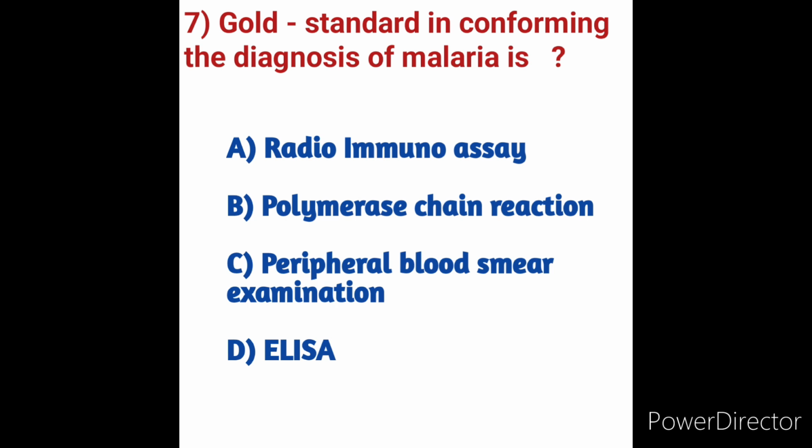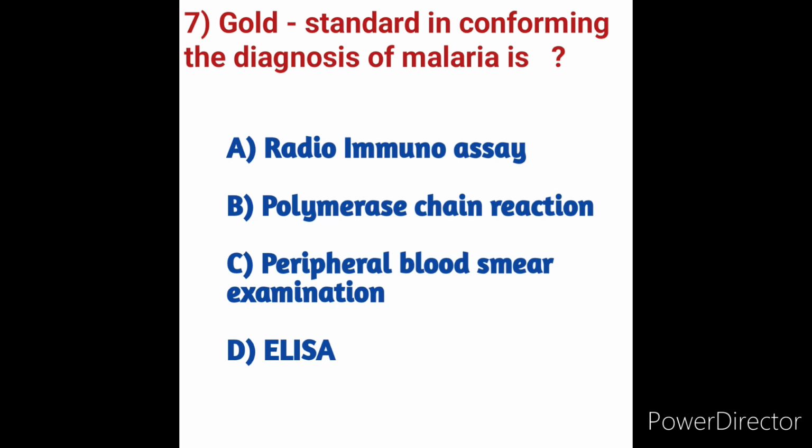Microscopic examination remains the gold standard for laboratory confirmation of malaria. This test should be performed immediately when ordered by healthcare providers. The examination of Giemsa stained peripheral blood smear is the standard test for the diagnosis of malaria infection.